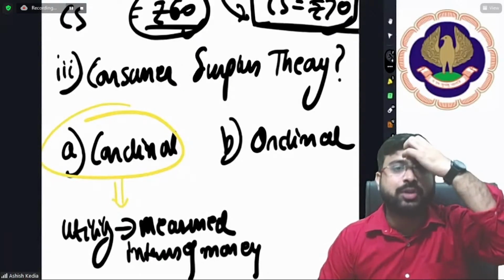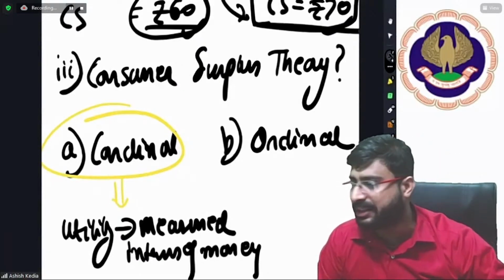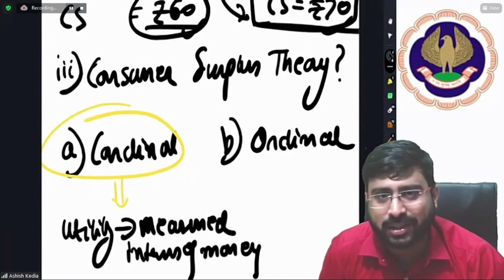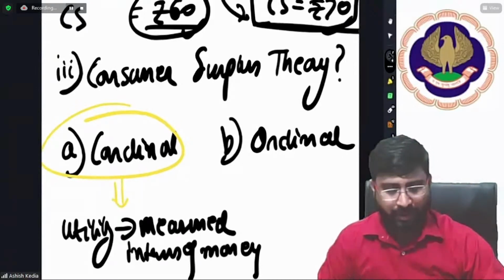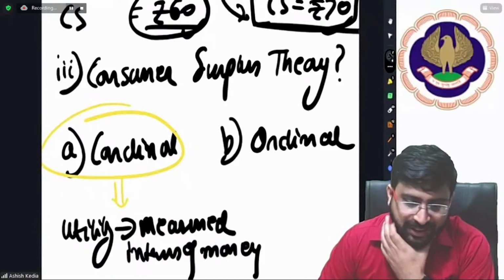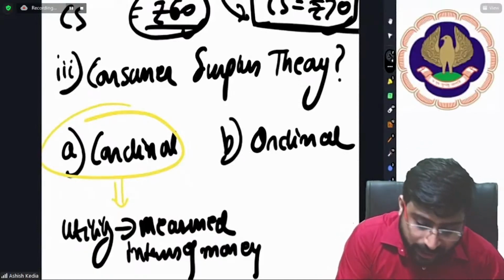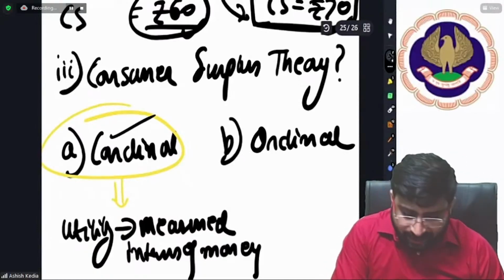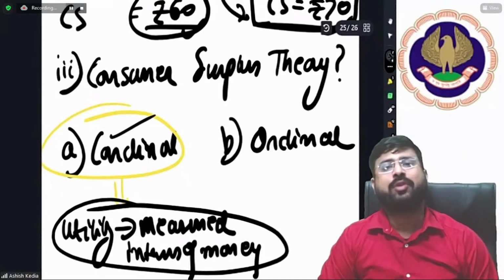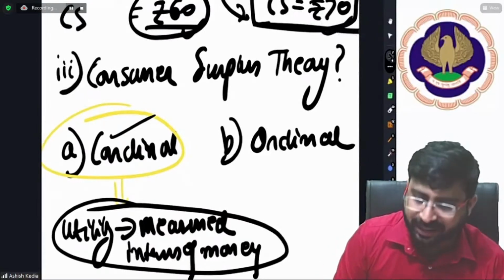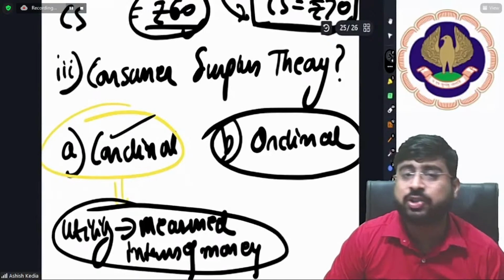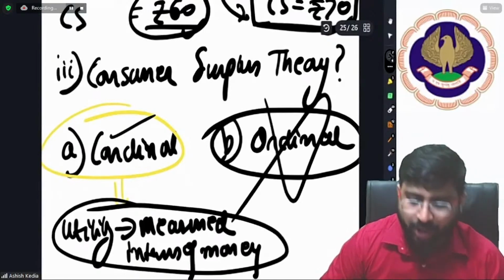That's what I'm saying: as per this theory, you are assuming that utility is cardinal and therefore it works under this world. So the third limitation is that the consumer surplus concept will not work under the ordinal world.